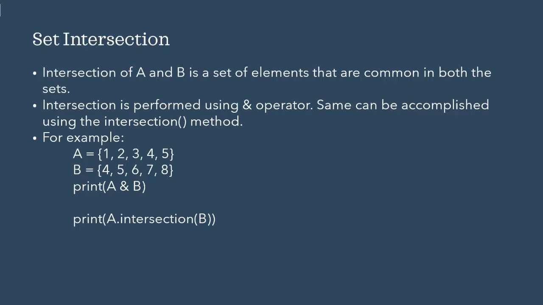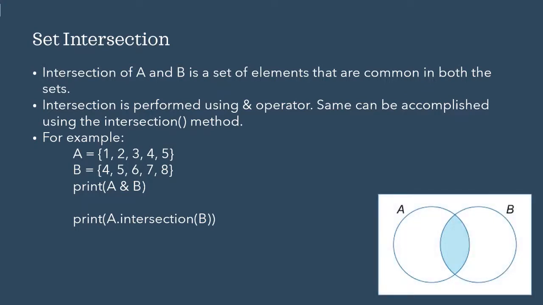In the example, with the same two sets, we will print A ampersand B, or A dot intersection of B. In the Venn diagram, the common elements of the two sets are returned. In both cases, the output will be 4 and 5, because the common elements of these two sets are 4 and 5. Here A intersection B is equal to B intersection A, so the order doesn't matter.